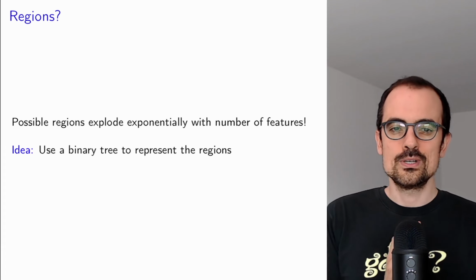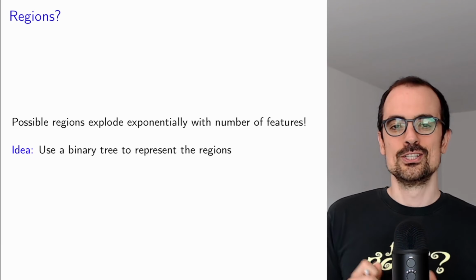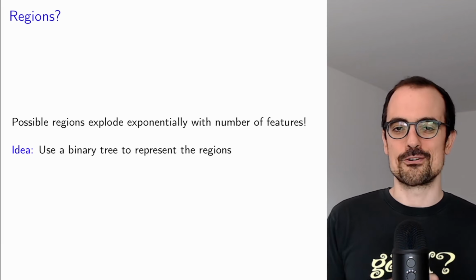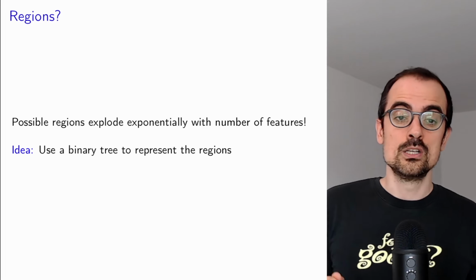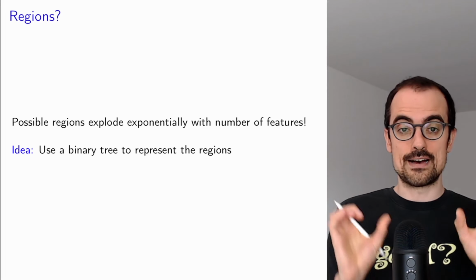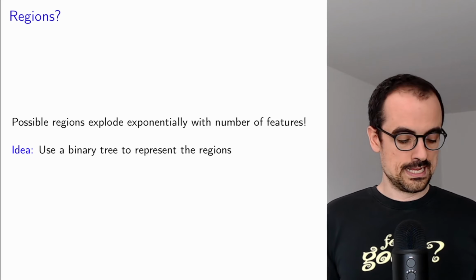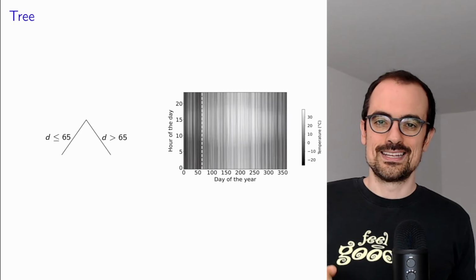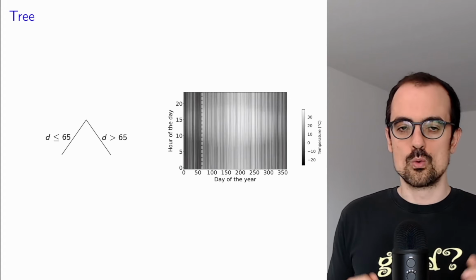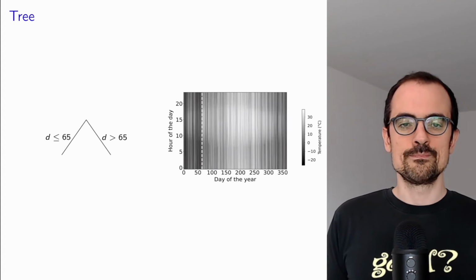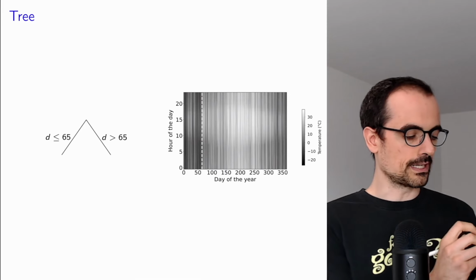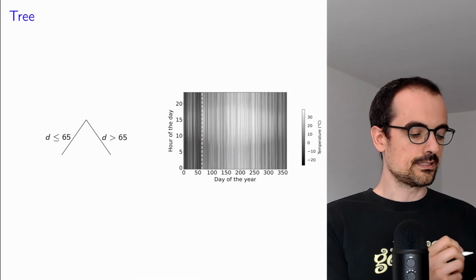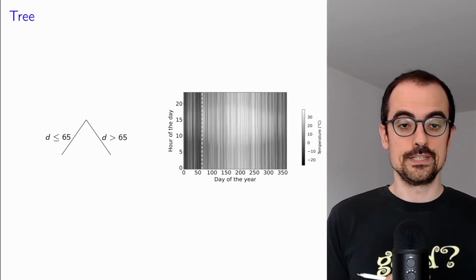Instead, what we can do is use a binary tree to represent the regions, and that's why regression trees are called trees, because we use a binary tree to represent these regions in which we have our constant estimates. Let's take a look at how that even works, and then later on we will worry about how to actually build the tree. So basically, here, each bifurcation of the tree tells us how we're cutting up the feature space.